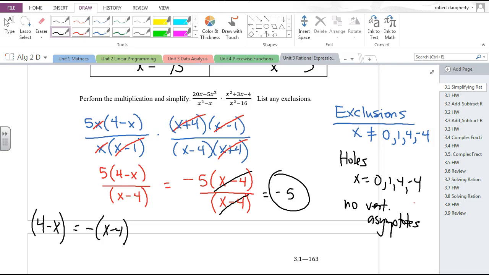The other way of seeing this is, you've got 4 minus x. I'm going to multiply this by negative 1. What's negative 1 times negative 1? 1. So this is all the same thing, right? Okay, all you want to do is just distribute this one. So this is negative 1 times negative 4 plus x. That's negative 1 times x minus 4.